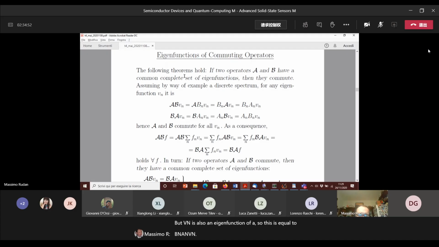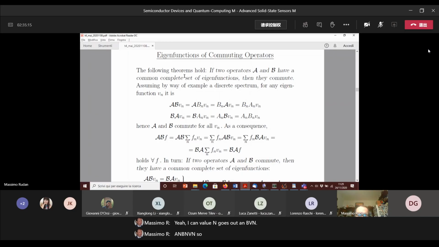Then we start this procedure over again by letting A first and B second. So B A Vn is equal to B An Vn. The eigenvalue An goes out, An B Vn, An Bn Vn.